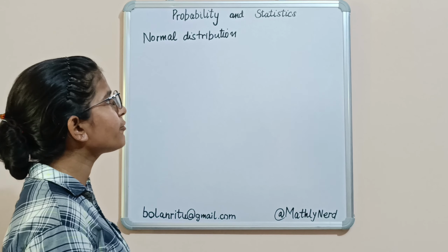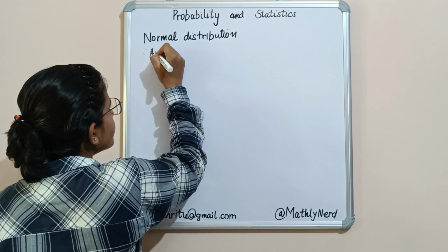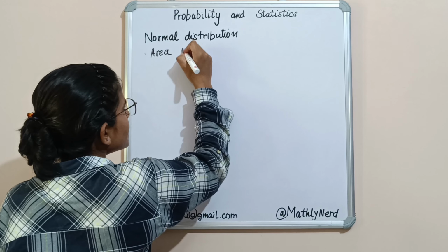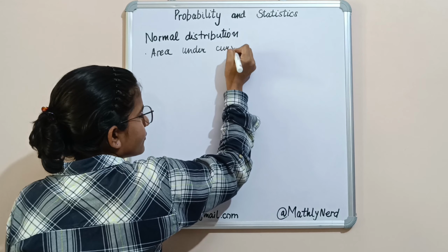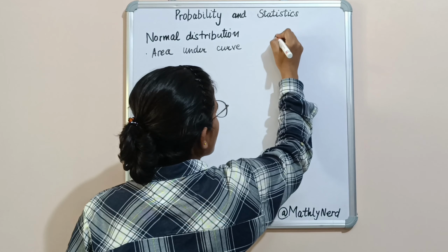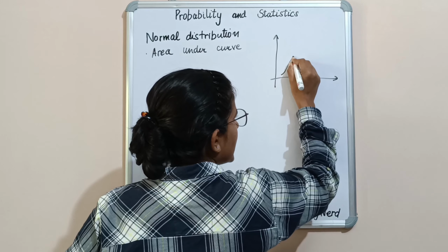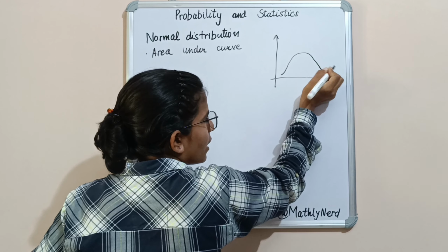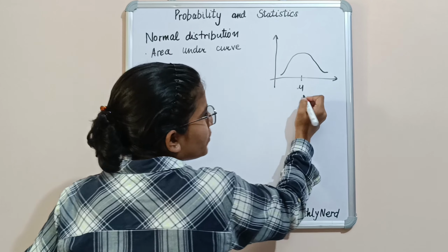Now we will try to find out the area under the curve. Let's say this is our normal curve and this is the mean value mu.